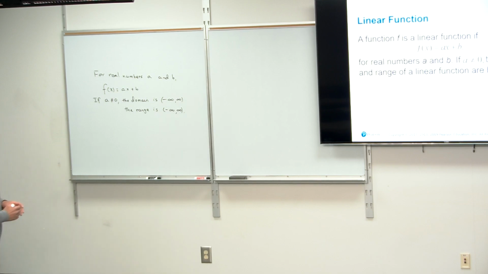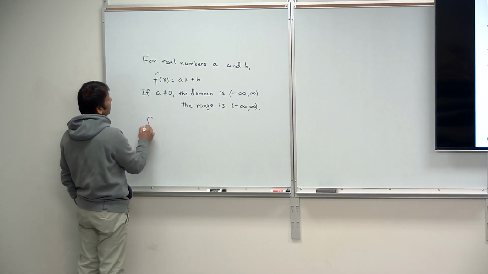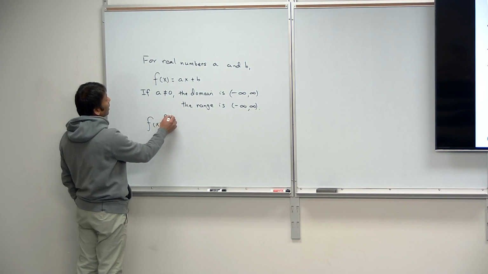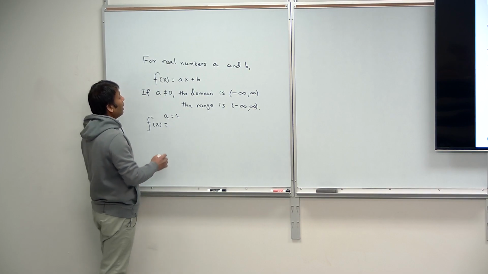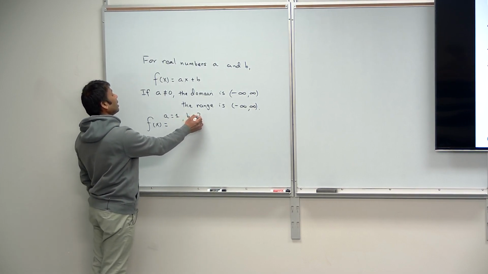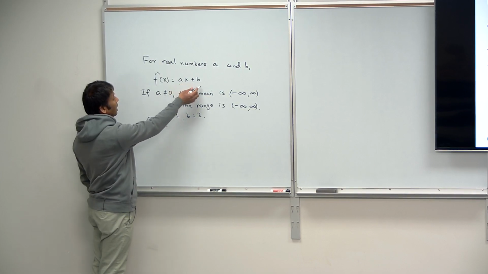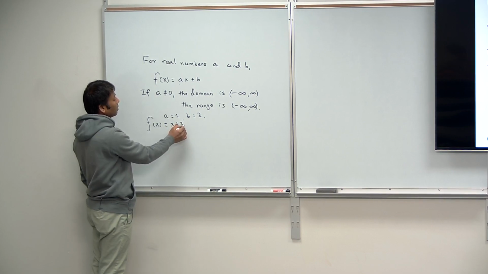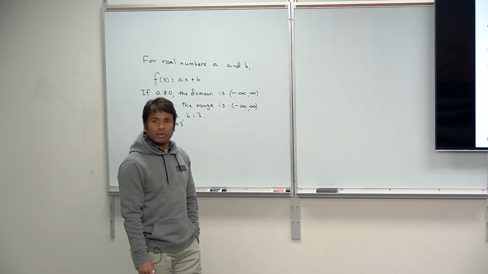So you see, if a is not equal to 0, you can simply take, let's say, the value of a is 1, which is not 0, right? And let's say b equal to 3. So what is the linear function? It will be 1 times x plus 3, which is simply x plus 3. See that? So this is a linear function.